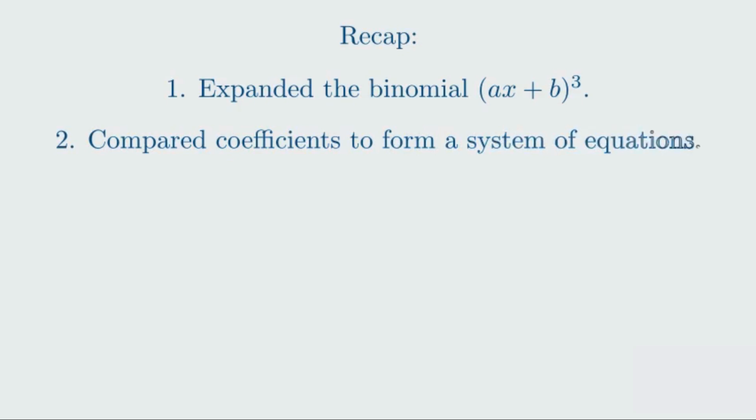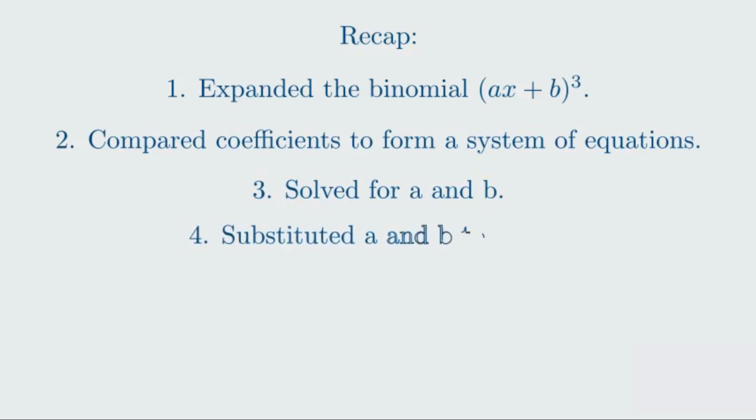And fourth, we substituted these constants into the equation involving p to find its value. This method of expanding and comparing coefficients is a very powerful technique in algebra, and you'll find it useful in many different areas of mathematics. Now you are able to solve for an unknown coefficient by using binomial expansion and polynomial comparison.